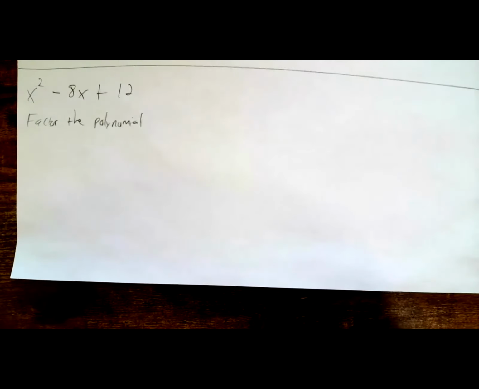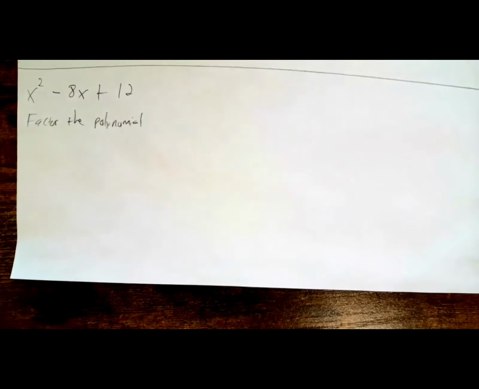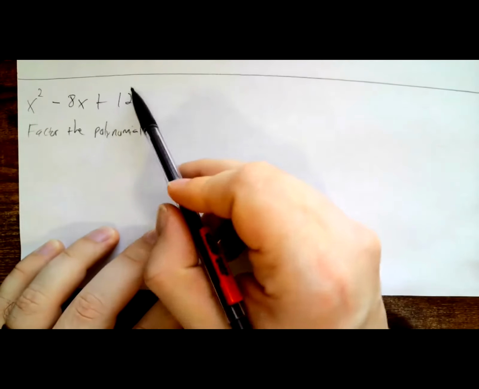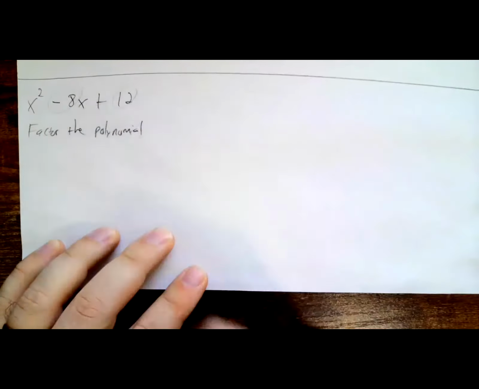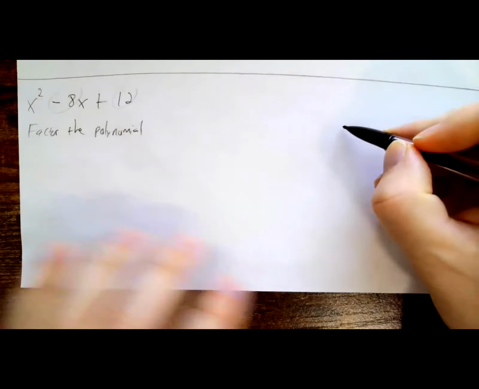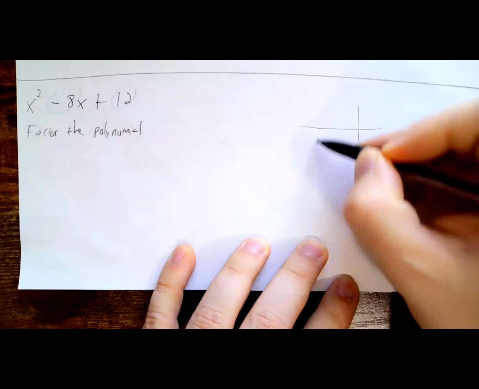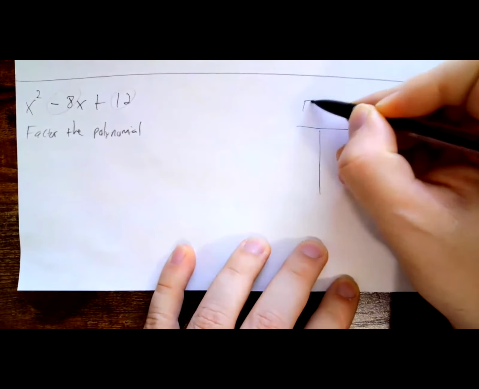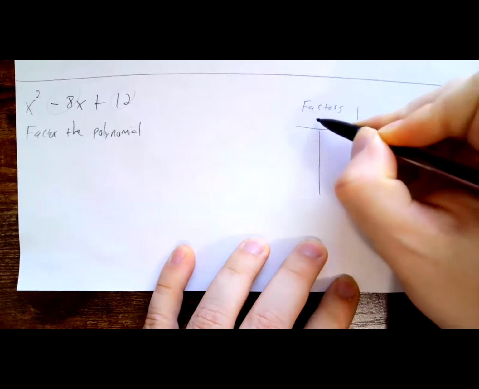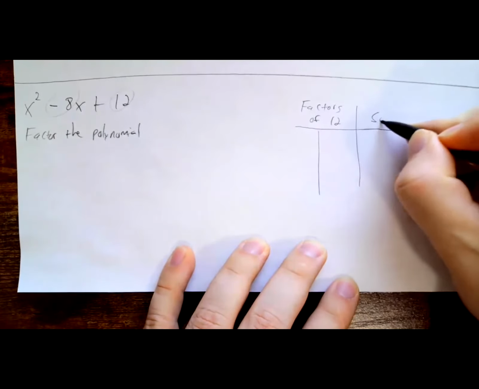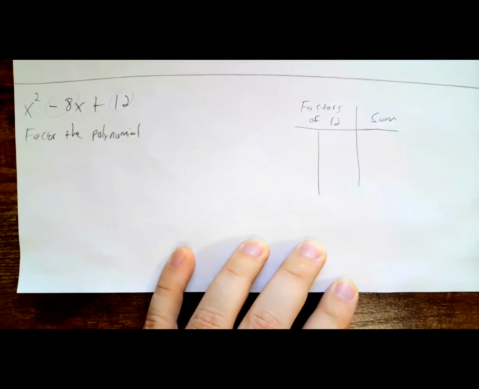So after giving you some time to think, and thank you for sharing your responses, what we can do here, we're going to want two numbers that multiply out to 12 and add up to -8. So I can make my chart for what are the factors of 12, and then what's going to be their sum?